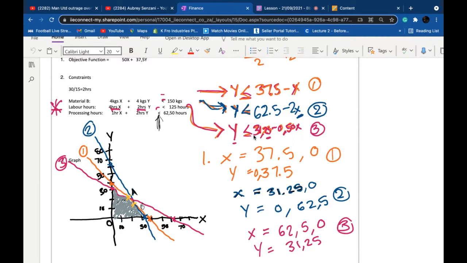And that's why you can see here, X is equal to 3.5 and 0. Corresponding, Y is equal to 0 and 3.75. So that's how we draw the line for number 1.